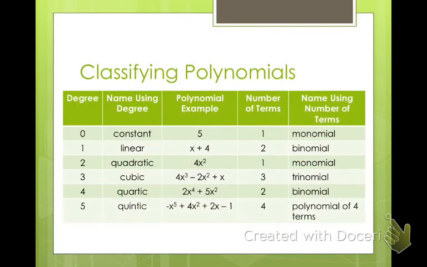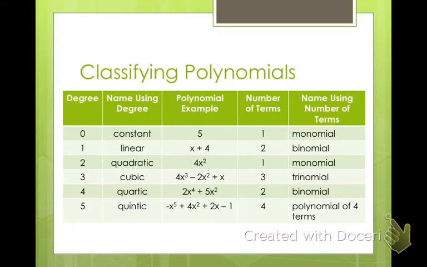So here we go. This is for classifying. If you have a degree 0, we have a constant. There's an example of 5. One term, it's a monomial. Linear makes a line. That's x plus something. This one has 2 terms. We call it a binomial. A quadratic is an x squared, which is what we just finished up last chapter. In this example, the 4x squared, that's 1 term, so it's a monomial.